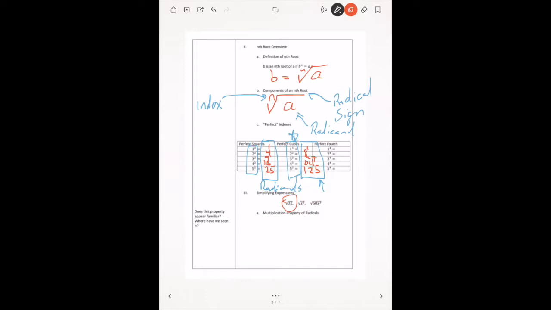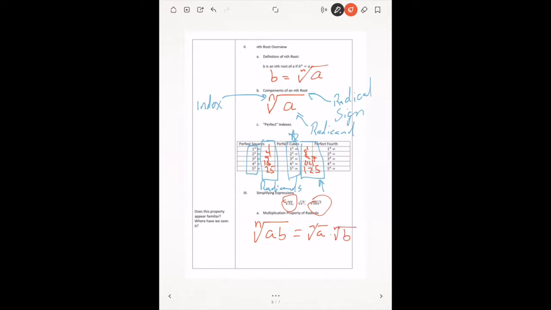And then we're also going to look at some examples that deal with variables, and we're going to see how we can use those. Now, before we begin, there's a property that we're going to have to use. This is the multiplication property of radicals. This property says that if you're taking the nth root of something, and your radicand can be written as 2 things multiplied together, we can split up the radical.